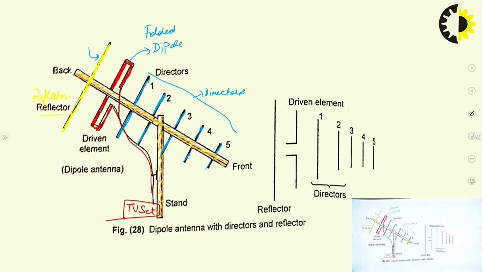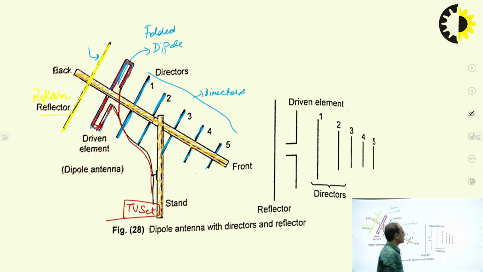Now you will observe from the figure that the length of the reflector antenna is greater than the length of the main driven element, that is the folded dipole antenna, and these directors have a length less than the length of this folded dipole antenna.